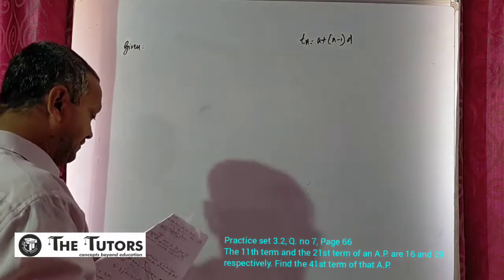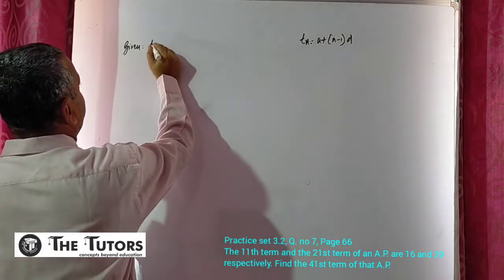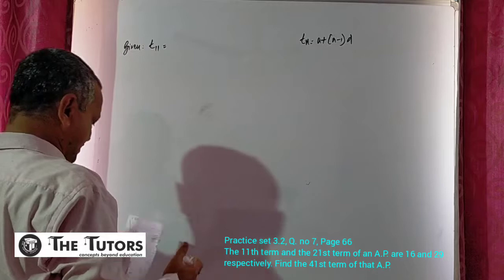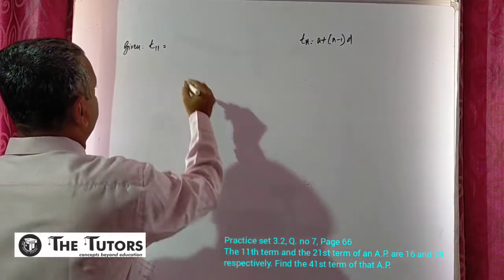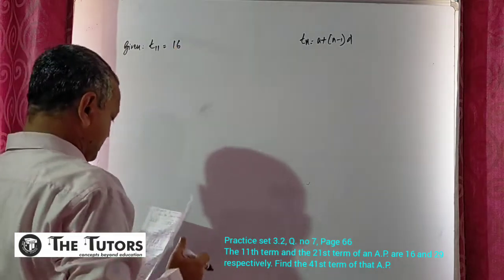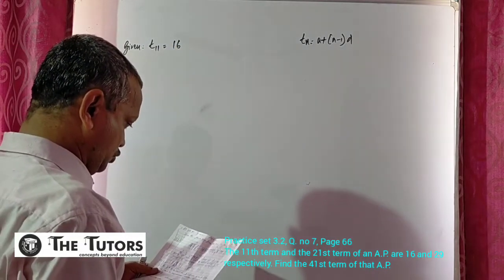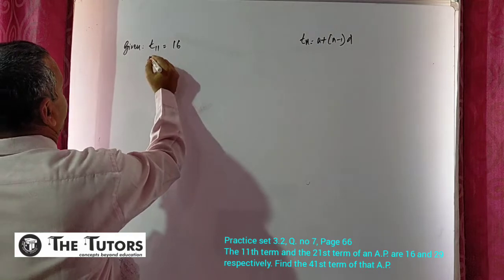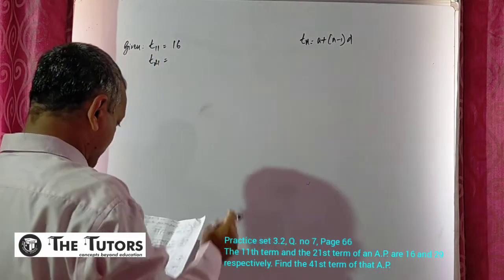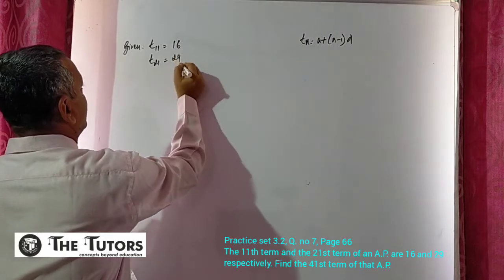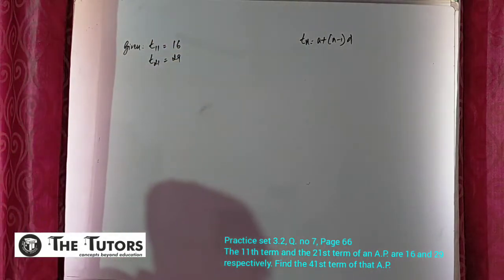We have been given the 11th term, that is T11 is equal to 16, and the 21st term is given as 29.